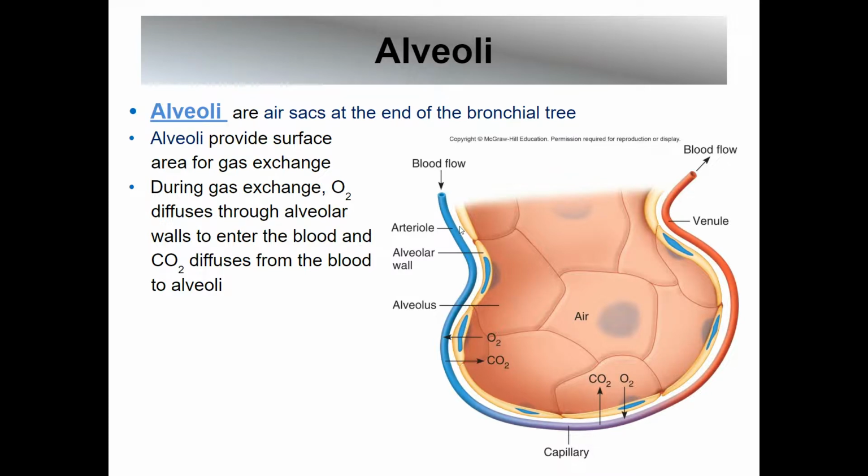They provide a large surface area for gas exchange, whether that's taking in CO2 and releasing that back out into the environment, or taking in oxygen and transferring that into the capillaries to then be transported to the systemic system and the rest of the body.